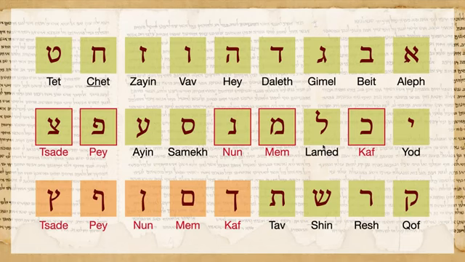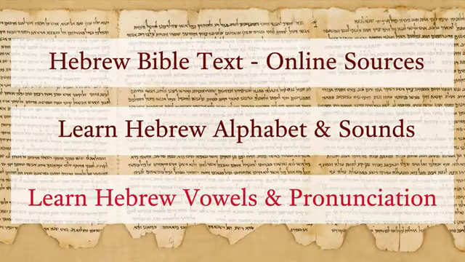Generally, except for Mem, all of them have the tails extended below the line. So they're easy to recognize, except for Mem, which is basically rounded and closed. So the Mem is open here, whereas it is closed fully. That's the difference. So these are the 27 glyphs or characters, but actually 22 letters.